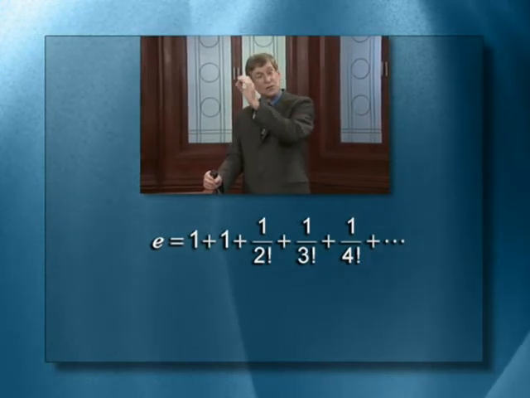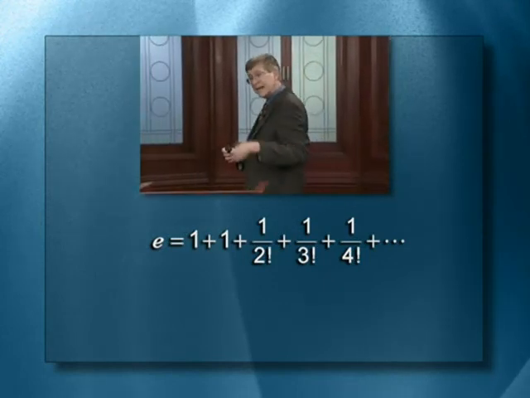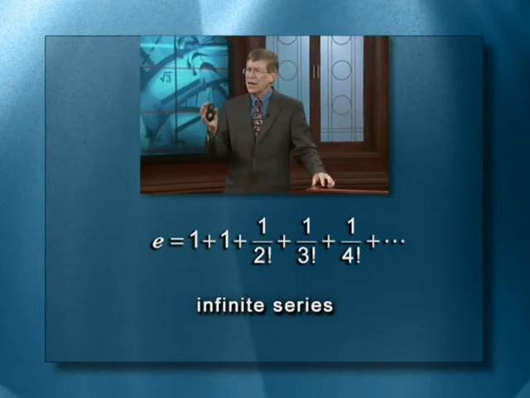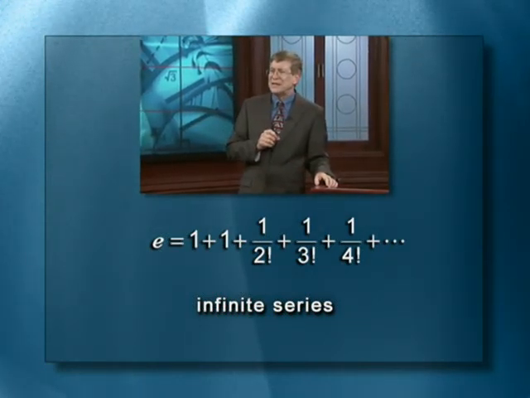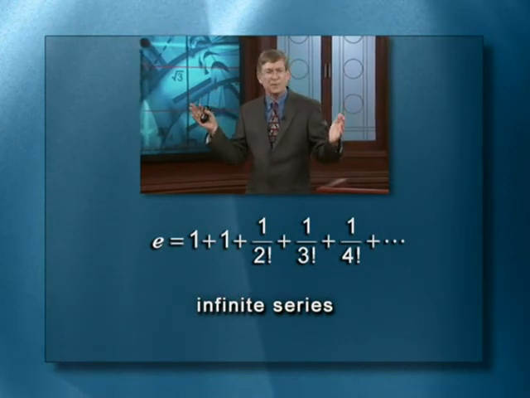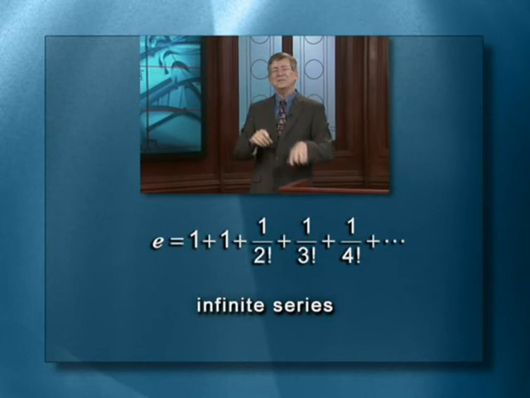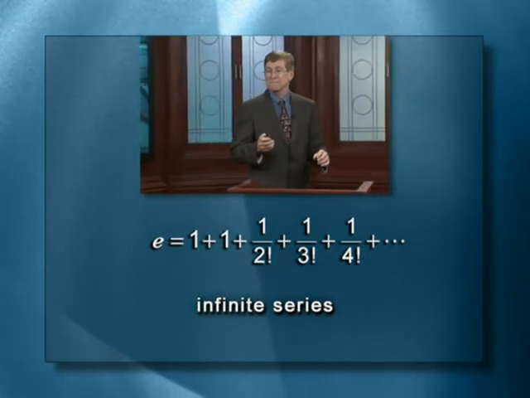You keep adding those up, you will get closer and closer to e. That's called an infinite series, and we'll talk about infinite series near the end of this course. But here's an expression for e that's just sort of out of nowhere. But again, if you take a calculus class, this kind of infinite representation of e is very, very important.